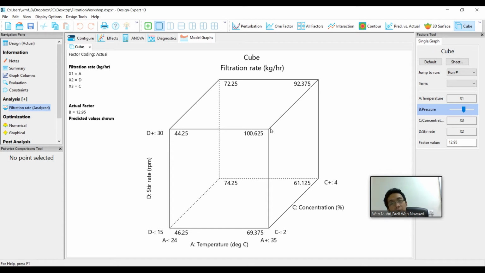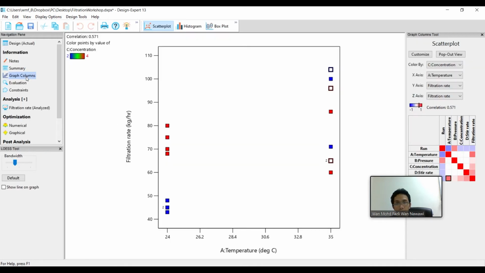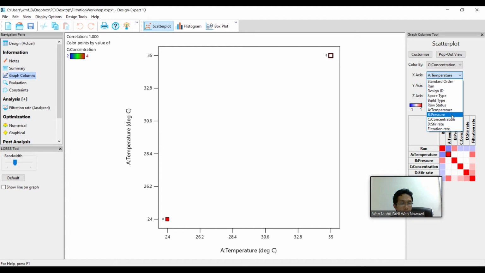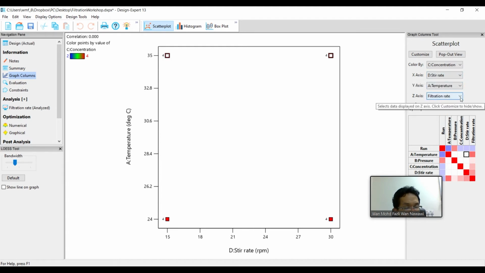This is different when you do scatter plot. Scatter plot is your data. When you do this scatter plot here, the z-axis is filtration rate, and then y-axis is temperature, and this is maybe stir rate, whatever. Stir rate, temperature, filtration rate, color by the 3D.